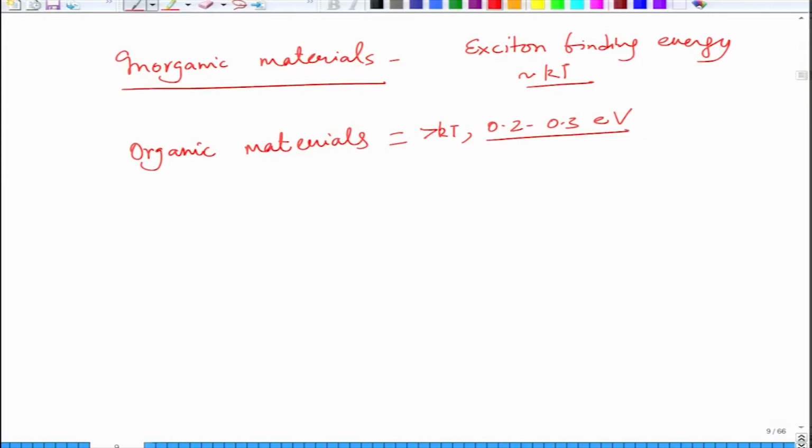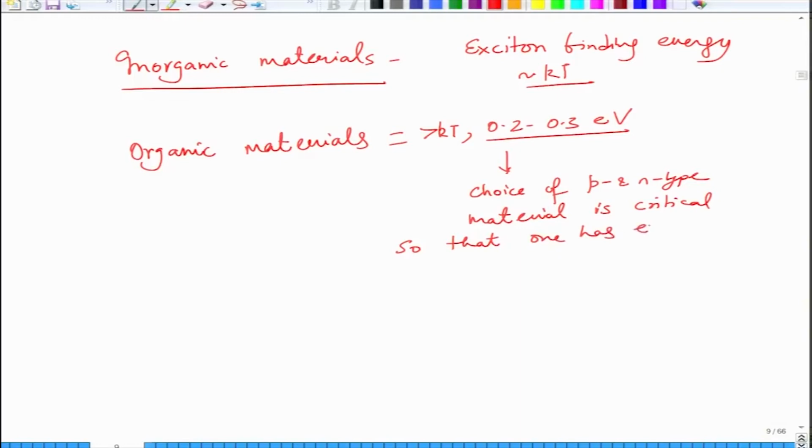So that is why the choice of P and N type material is critical, so that one has enough built-in field to break the exciton into an electron hole pair.